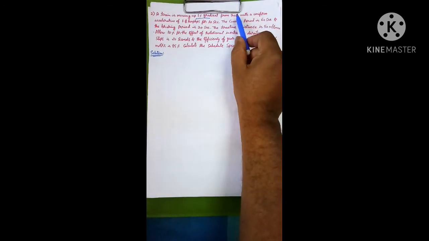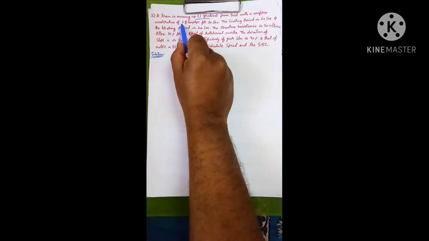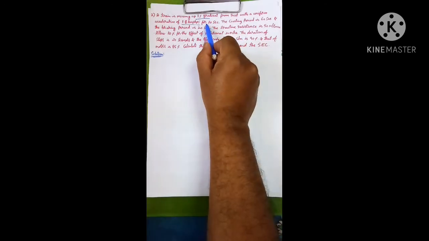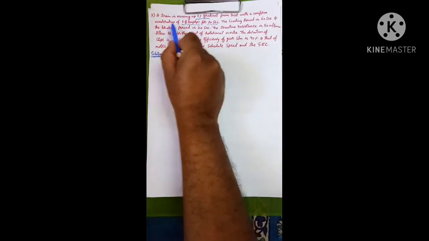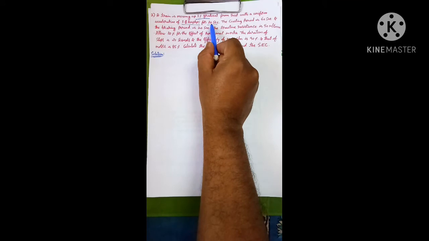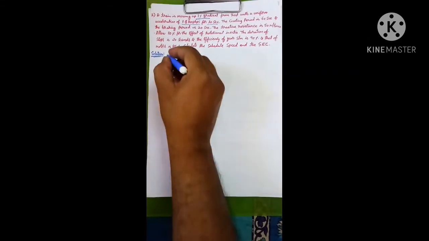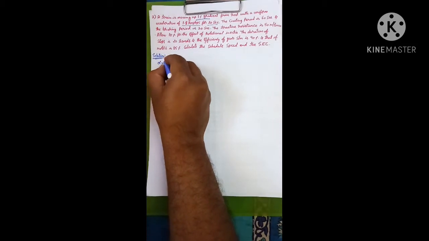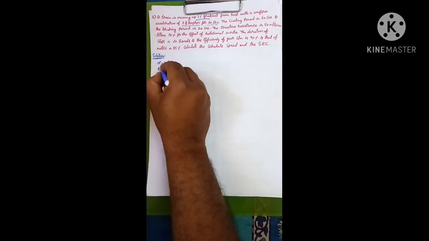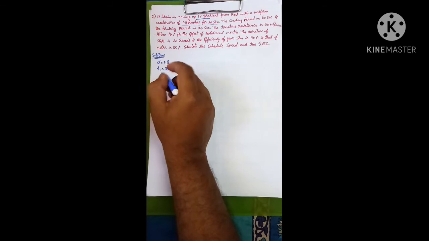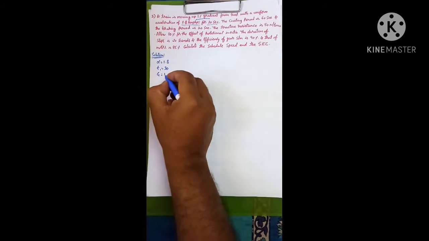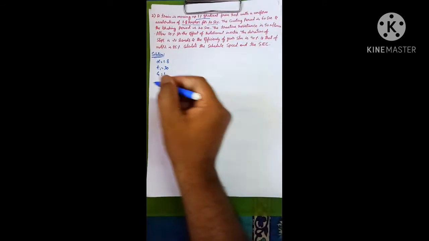So from rest with a uniform acceleration of 1.8 km per hour per second for 30 seconds. So acceleration is given and even the time taken for that acceleration is given. T1 is given. Let me write those things here. Alpha is given as 1.8. T1 is given as 30 seconds. Gradient is given as 1%. And the coasting period is 60 seconds.